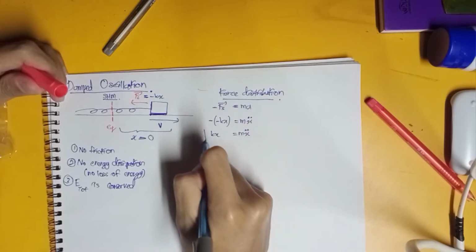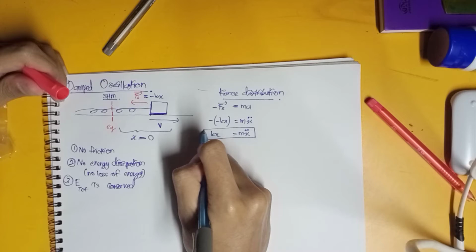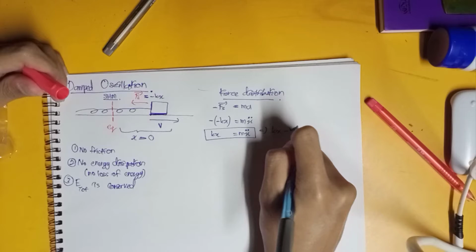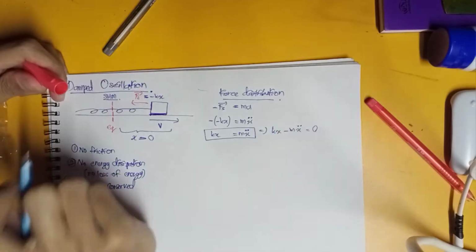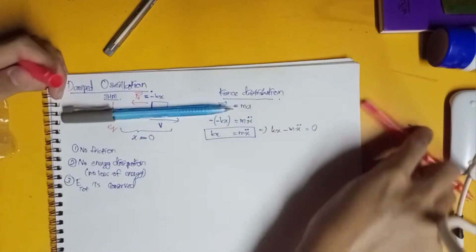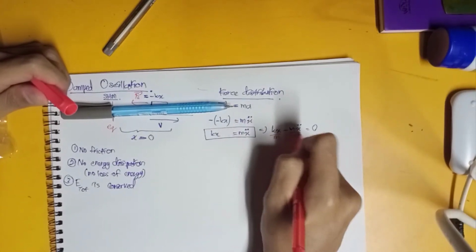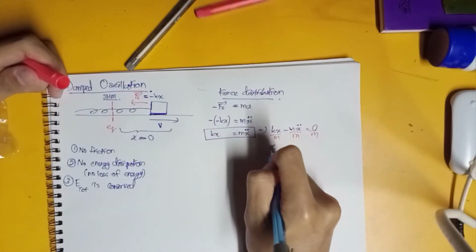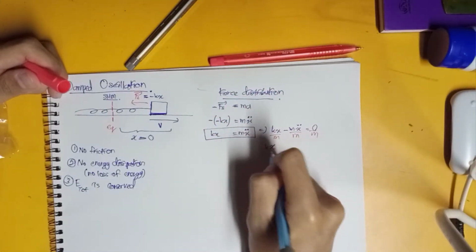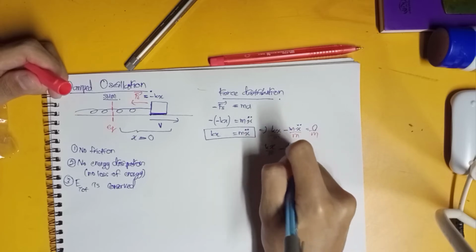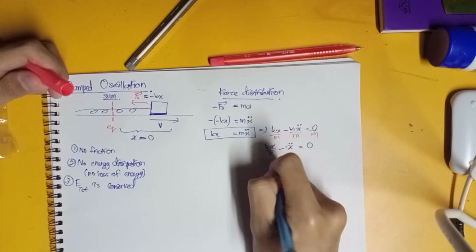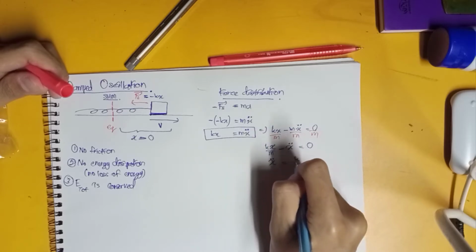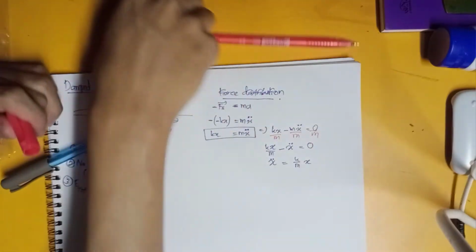This is what we call the force distribution of the system, so kx minus m x double dot equals 0. Then we divide everything by m, and finally we get kx over m minus x double dot equals 0. So the acceleration of the system, x double dot, is equal to k over m times x.